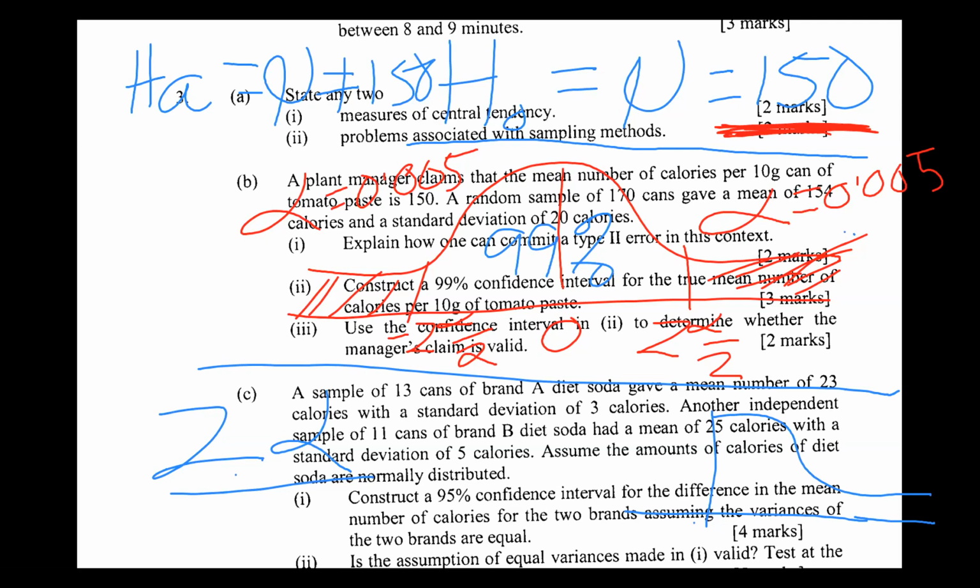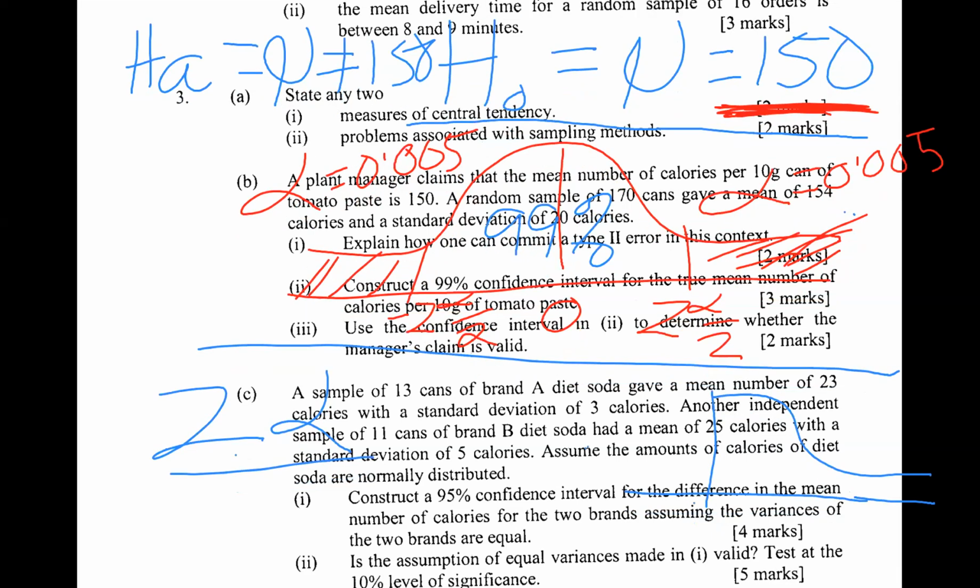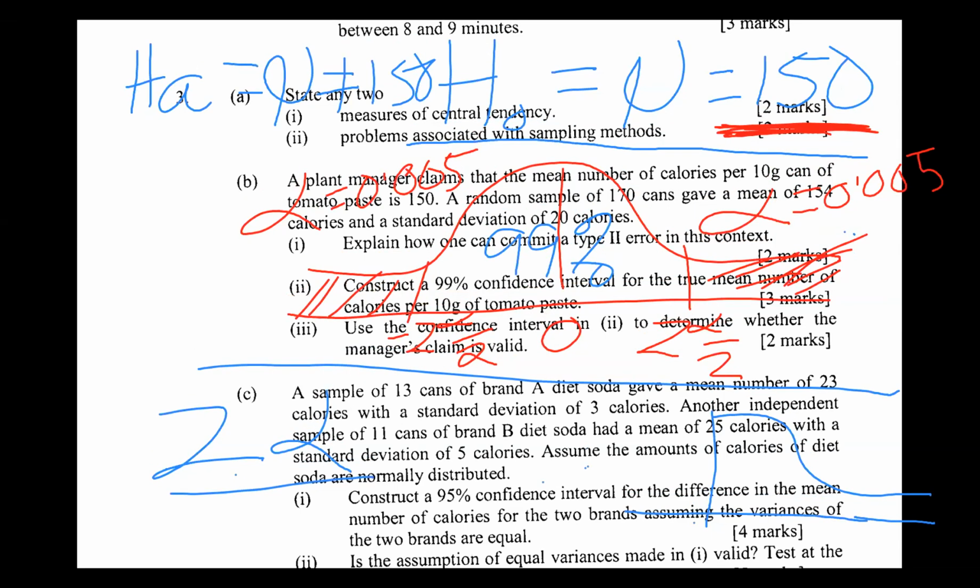So I was saying that this 0.01 is the significance level, right? Since this is a double-tailed test, the data can be distributed both to the right and to the negative, which is the left.